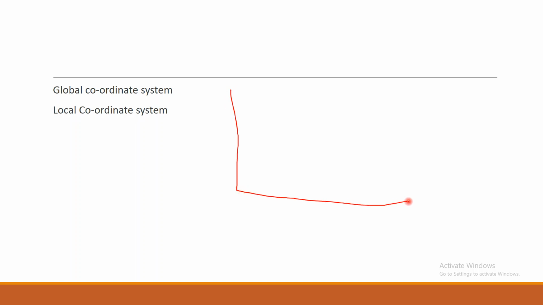If I fix the coordinate system, like this is x, here it is y and this is z, this coordinate system is fixed with respect to any type of part that we are going to take. But in case of the local coordinate system, it is slightly different. The first one that I talked about is the global coordinate system. So let us look into the local coordinate system.